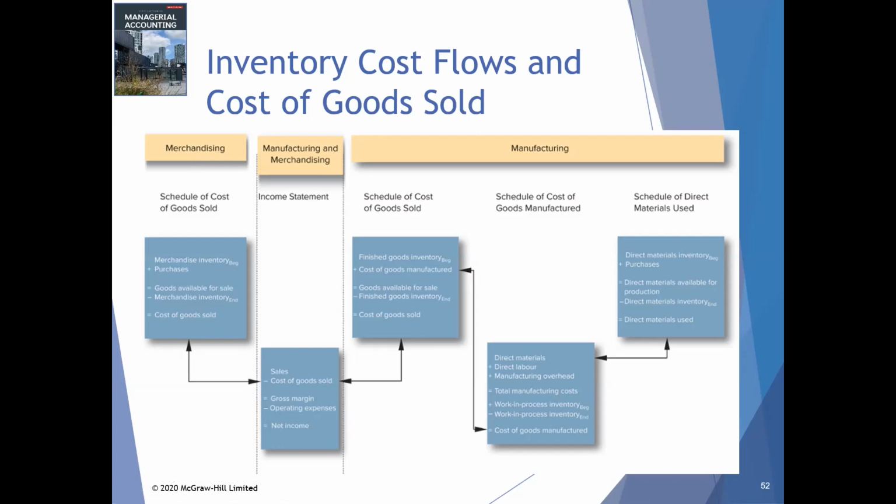So merchandising inventory at the beginning, plus purchase, and this is the end. So opening stock plus purchase is equal to goods available for sale, minus closing stock, then the last will be the cost of goods sold.